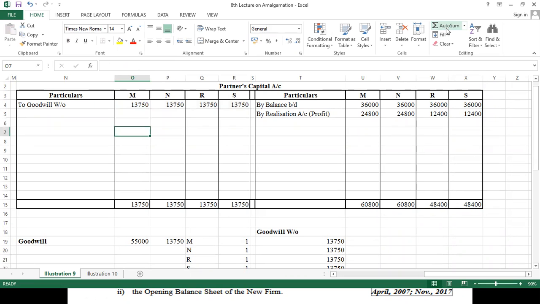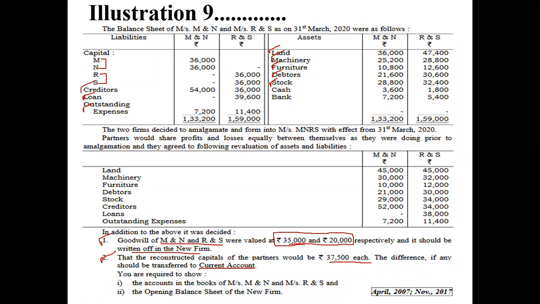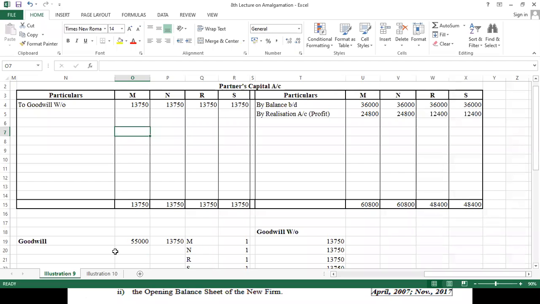Okay. Now apart from that, let's see point number 2. Point number 2 says there is a fixed capital of the partners in the new firm and the capital is 37,500 for each partner. So we are going to write down the closing balance first: by balance carried down to balance sheet, amount is 37,500. And this amount is the same for all the partners.